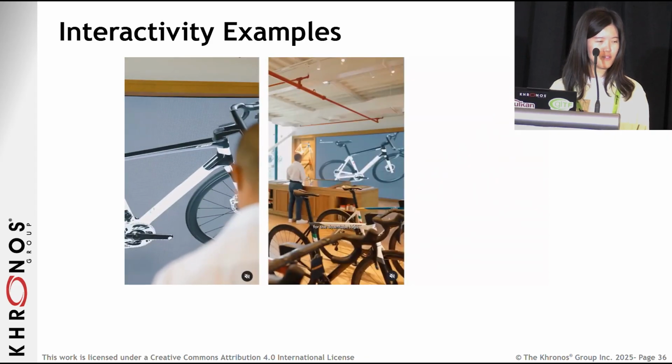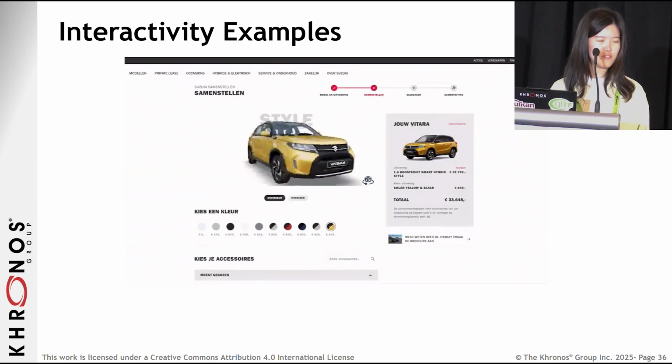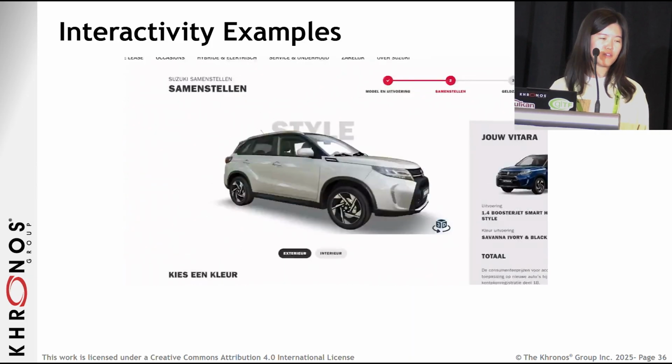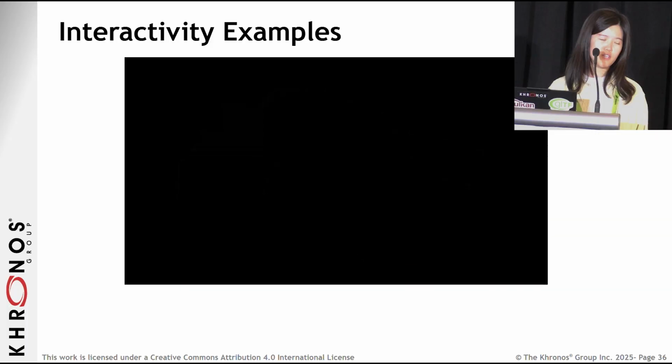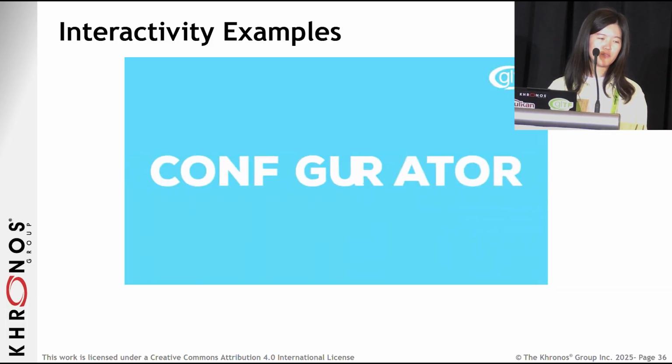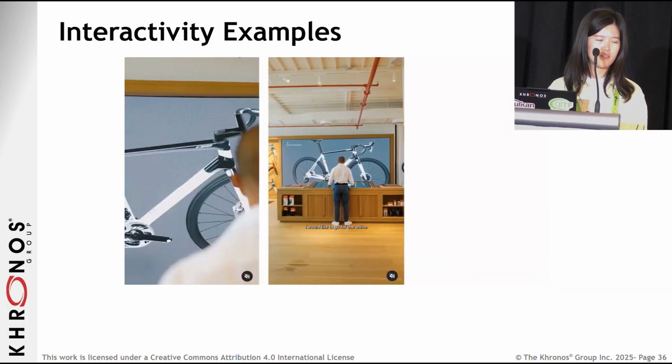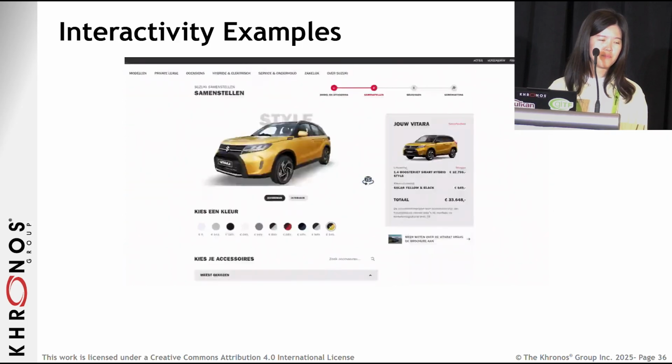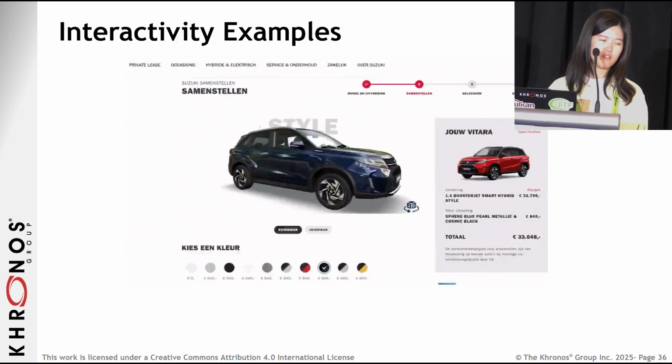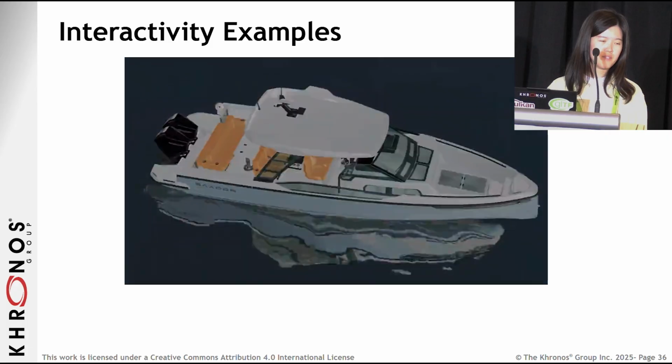So here's an example of interactivity in e-commerce. This is a configurator where your potential customer can directly customize what the product looks like. So they can choose different colors of the car, for example.